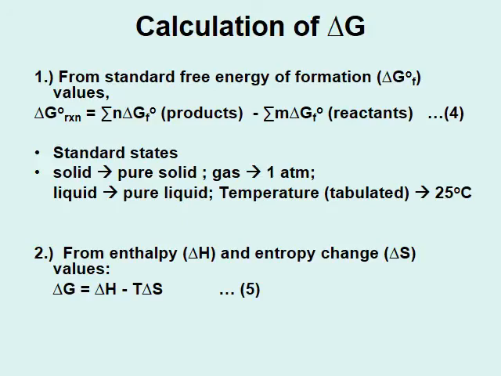Here we're going to discuss how to calculate delta G, or change in free energy. Again, there is more than one way to calculate the delta G value. We can get the free energy change in a reaction from standard free energy of formation values.